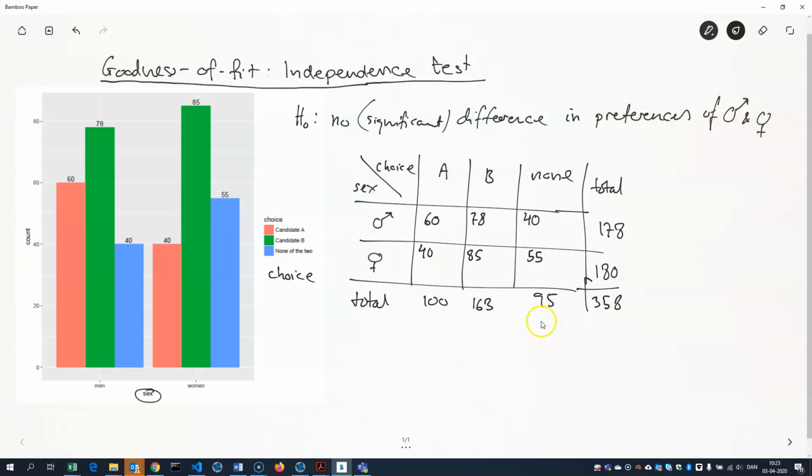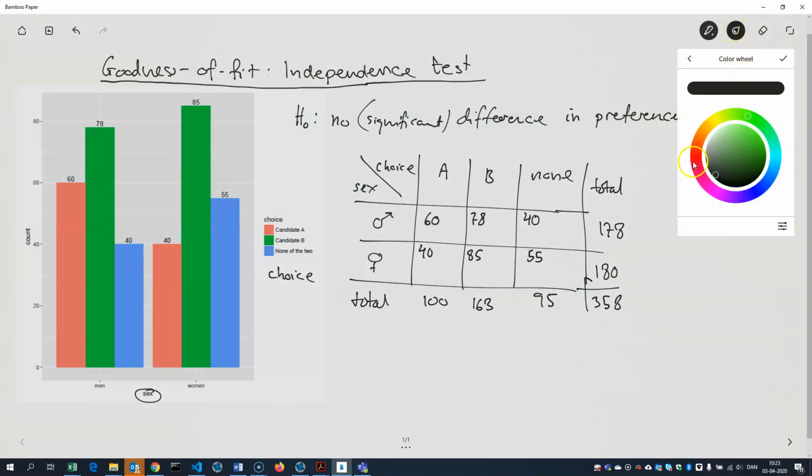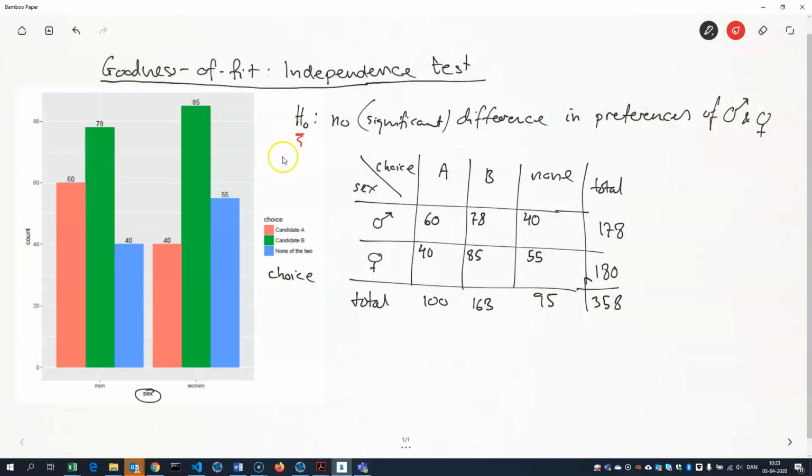So what we will do now is compute the expected values. And expected in what sense? Well, expected in the sense of the null hypothesis. If the null hypothesis is true, that there's no difference in what men and women prefer, we can argue as follows. You can see here that almost half of the interviewed persons are men, the other half is women.